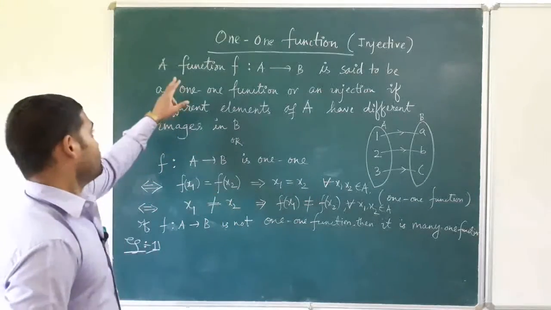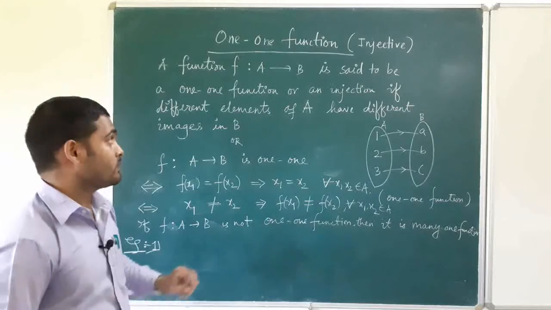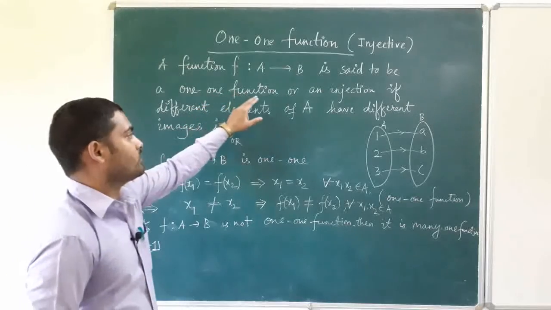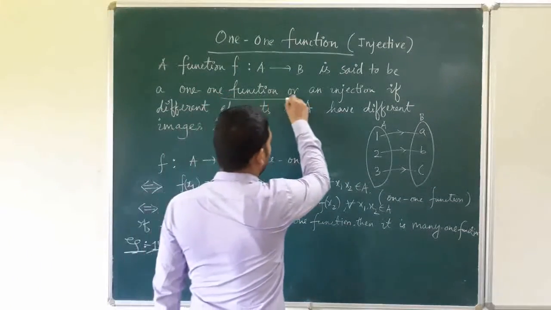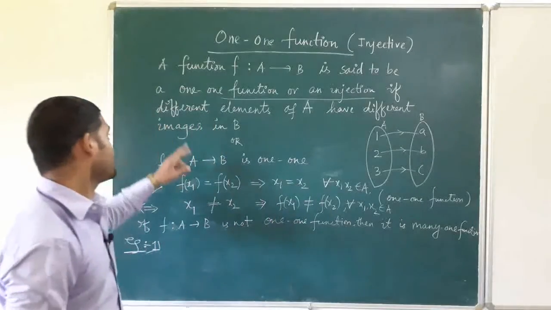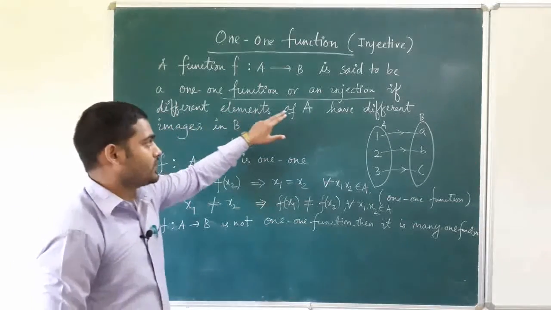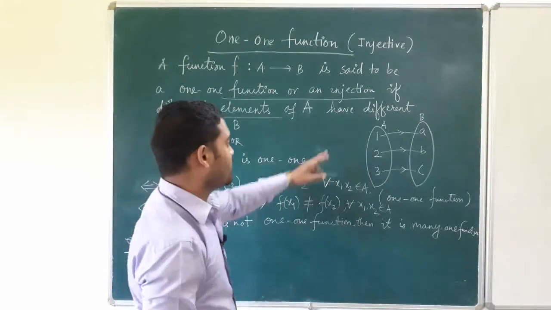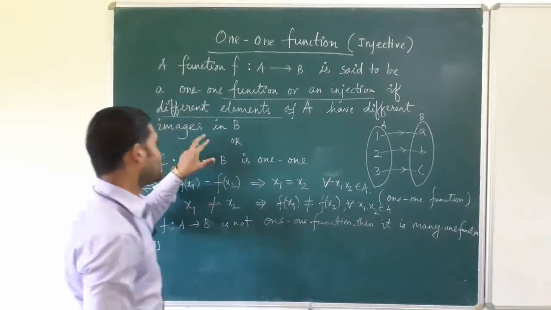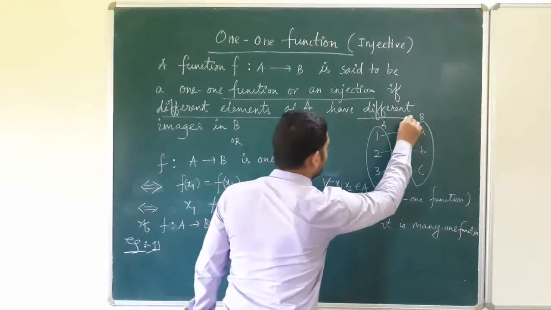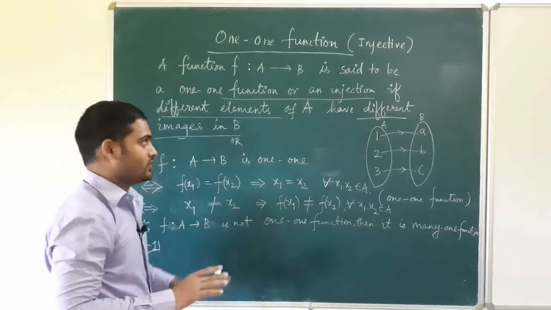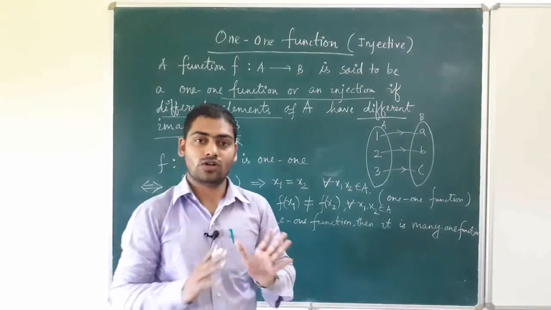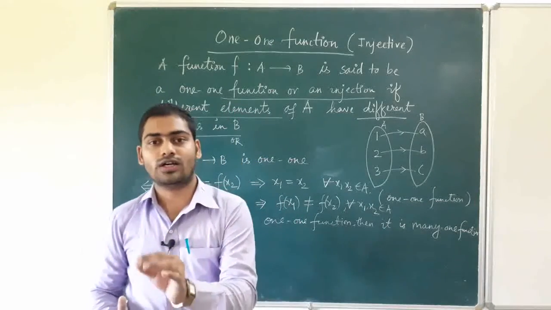A function f mapping from A to B is said to be a one-one function, or an injection, if different elements of A have different images in B, then we can say the function is a one-one function. Otherwise, it is a many-one function.